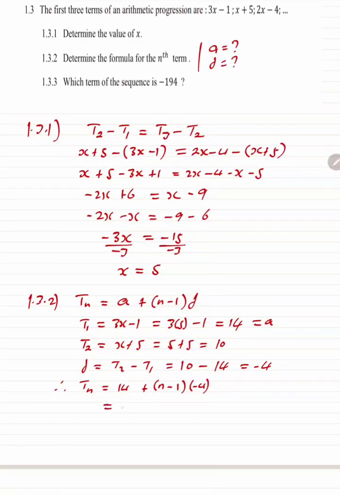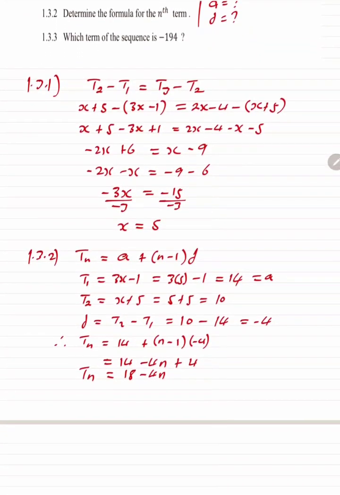Then we can remove the brackets for simplification. When you multiply this with this, you have to get minus 4n. Then minus 1 multiplied by minus 4 has to be positive 4, such that this is going to be 18 minus 4n. So this is the formula that can generate all of the terms in this sequence.